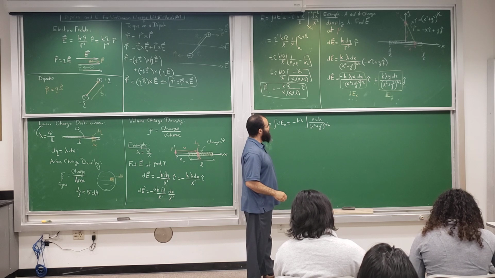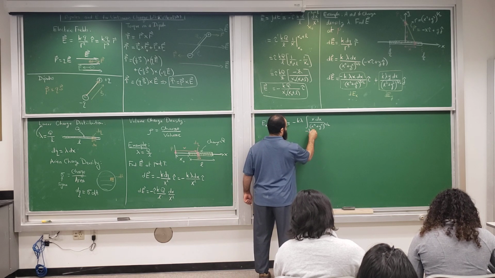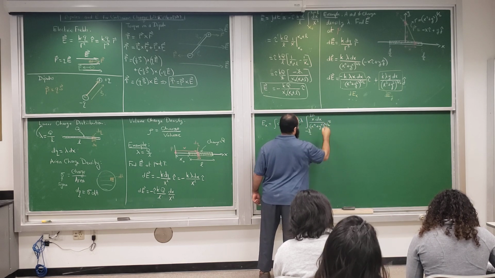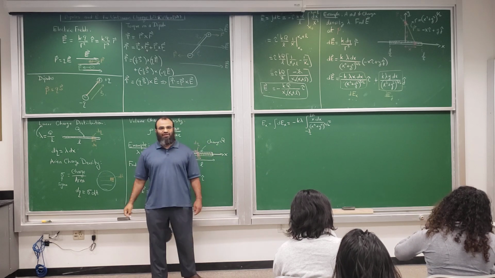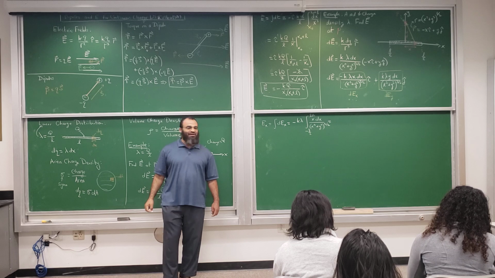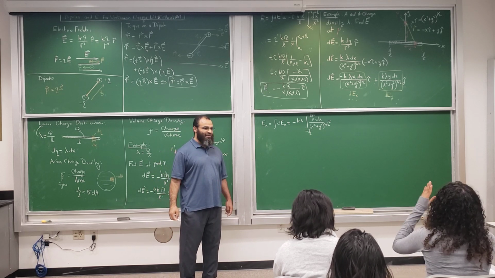What are the limits? Minus L over 2 to L over 2. And you should have a good idea what this integral should be. It's going to be 0, without doing any work. Why is it going to be 0?